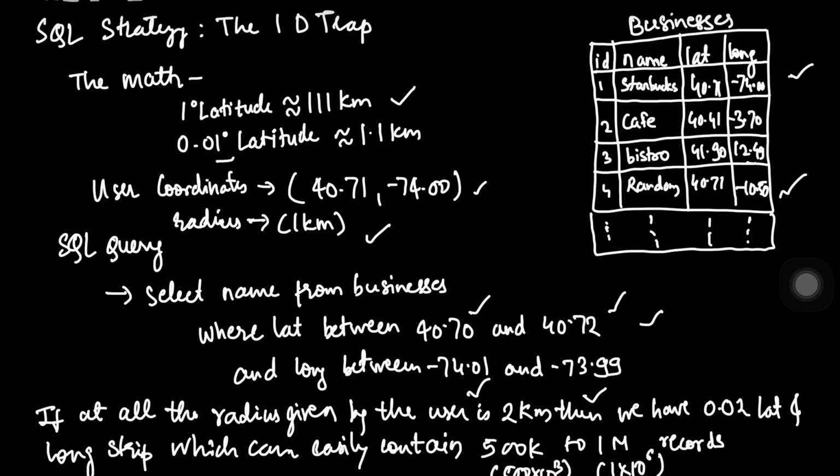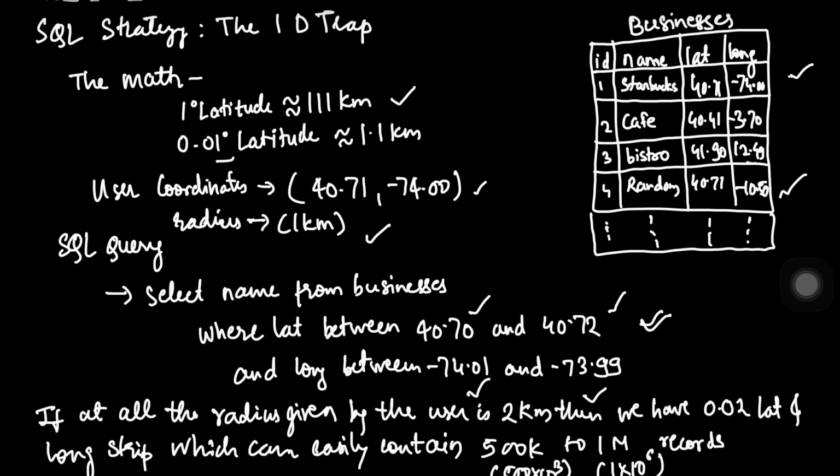Here, the under the hood reality of how this query works is that our database is just a one-dimensional thinker. First, it checks the latitude range, and then it uses the index to find every single row between 40.70 and 40.72.